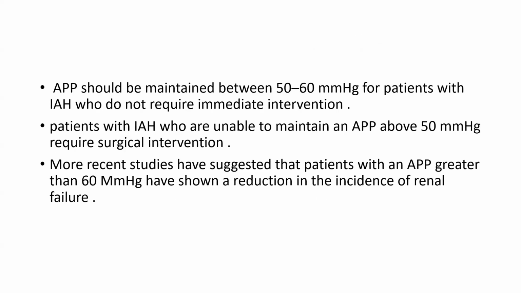Abdominal perfusion pressure should be maintained between 50 to 60 mmHg for patients with IAH who do not require immediate intervention. Patients with intra-abdominal hypertension who are unable to maintain abdominal perfusion pressure above 50 mmHg require surgical intervention. More recent studies have suggested that patients with abdominal perfusion pressure greater than 60 have shown a reduction in the incidence of renal failure.